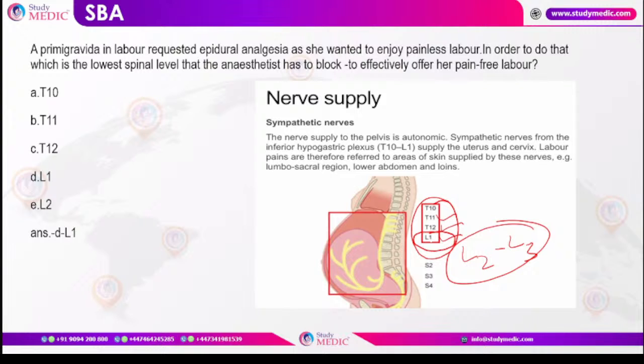If you are doing an outlet or low mid-cavity procedure, then you can just give perineal infiltration. Why do you have to give a pudendal block? Because the vagina and the outlet are supplied by the pudendal nerve, which is S2, S3, and S4. So you have to block the pudendal nerve whenever you want to do any assisted vaginal birth.